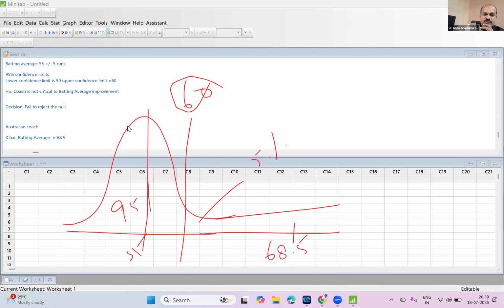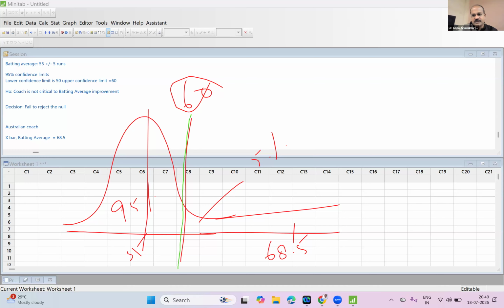The upper confidence limit is over here itself, but our newly calculated average is appearing outside the confidence limit. Can you see that, all of you? Now, in this case, we can conclude that the improvement is because of the appointment of the Australian coach.